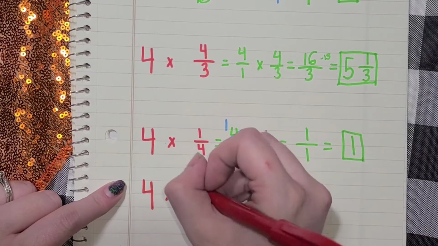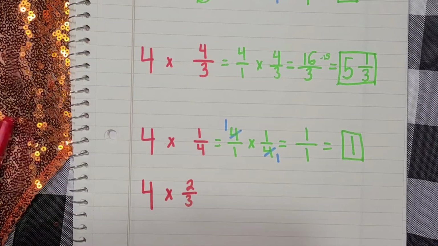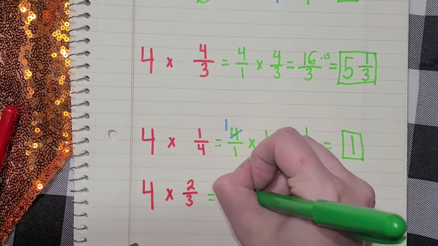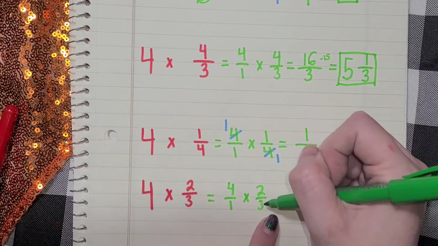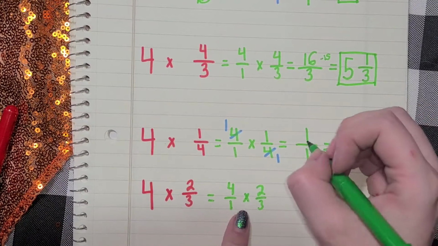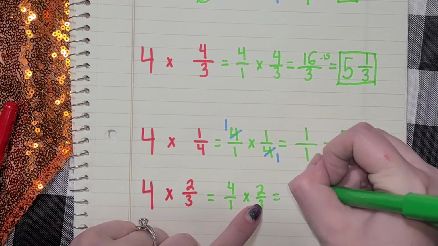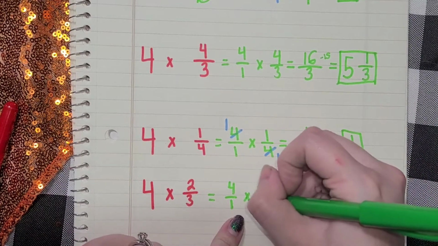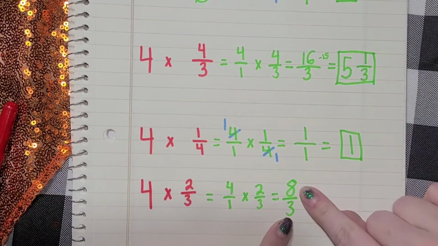4 times 2/3, nothing in common, okay? Still put your 4 over 1, times 2/3 is fine. Okay, I don't have anything that can simplify because you can't go straight across and my corners don't. 4, top times top, 4 times 2 is 8, over bottom times bottom, 1 times 3 is 3. And just like up here, I have an improper fraction.